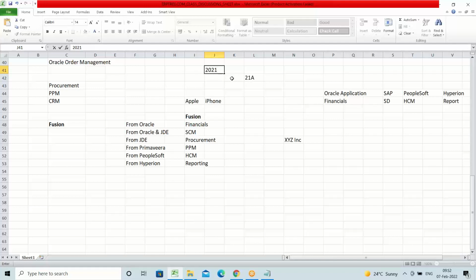How many quarters are there? Four quarters: A, B, C, D. 2021 A means first quarter. That means in that instance, the first quarter patch is applied. That is the meaning of that. If you see any instance with 21D, that means the fourth quarter patch.